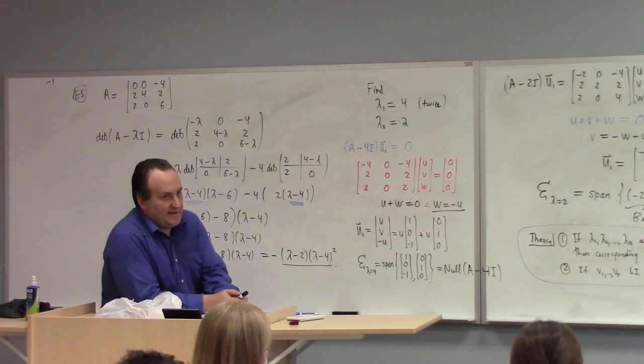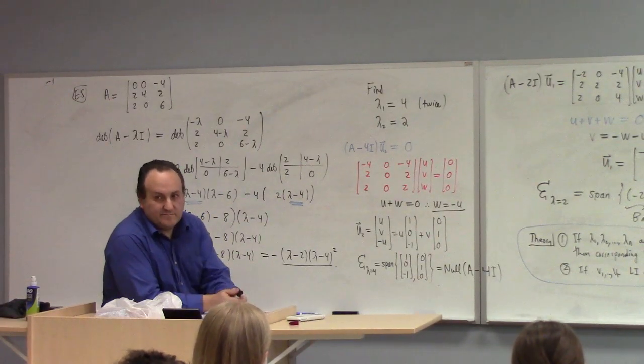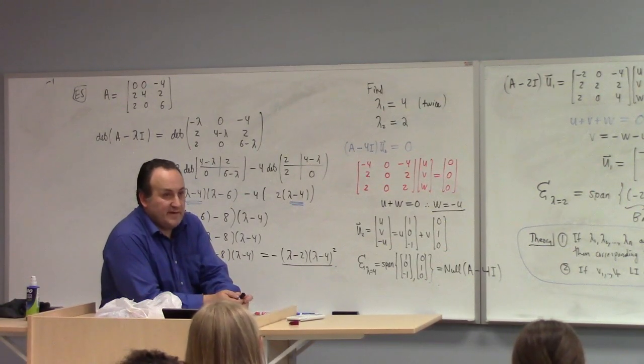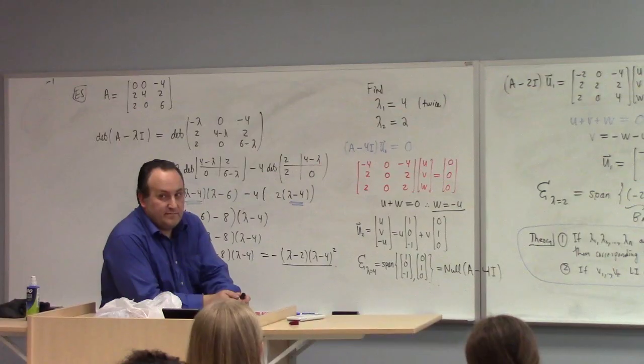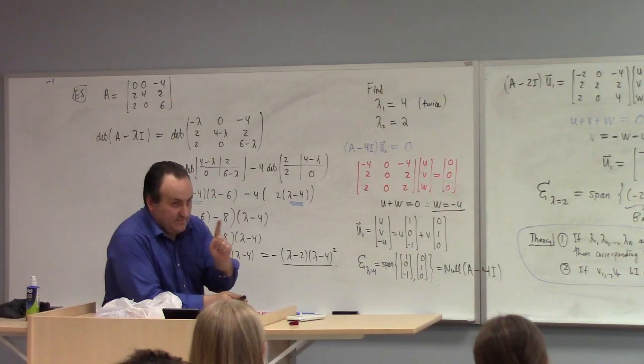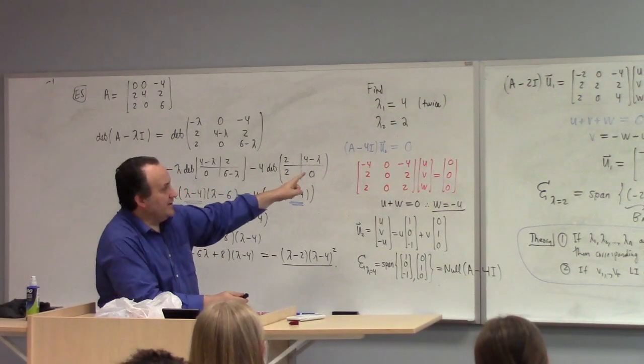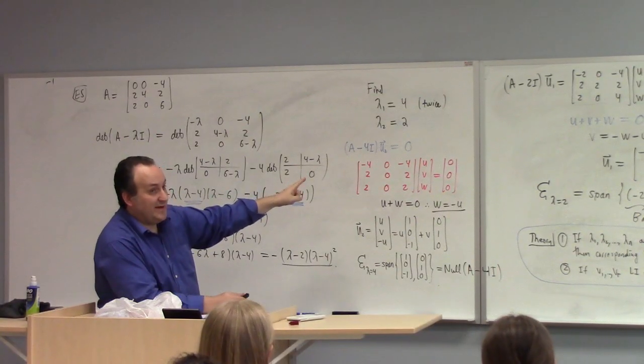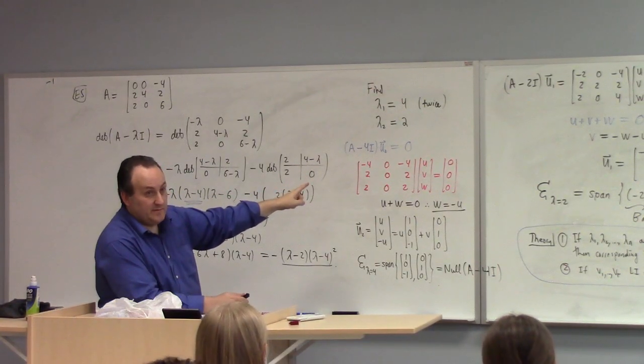A minus 3I times u equal to 0. What's the solution? u equals 0. It is inevitable. Because only for lambda equals 4 and lambda equals 2 is the matrix A minus lambda I not invertible.